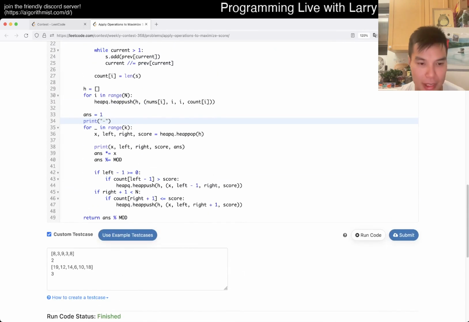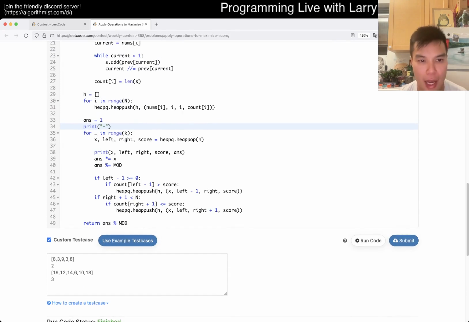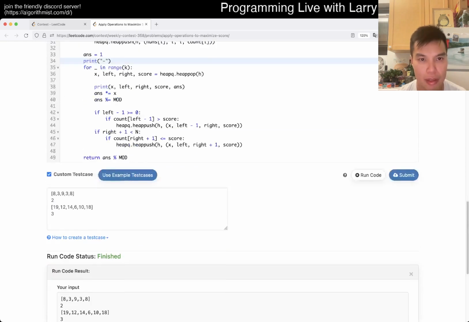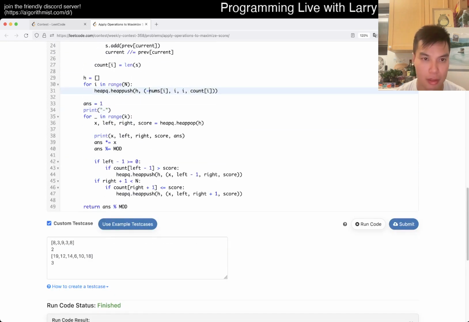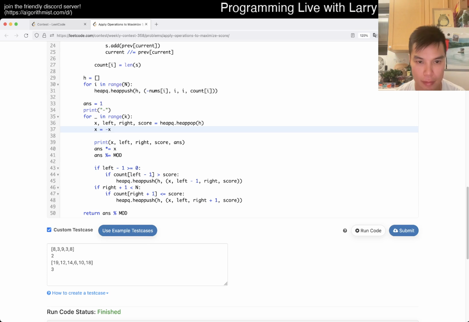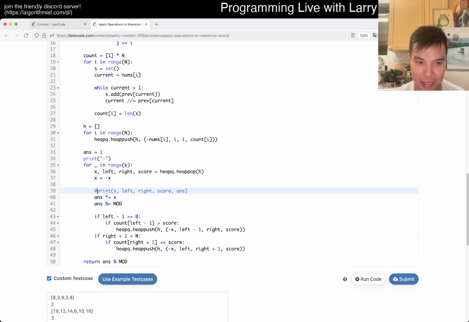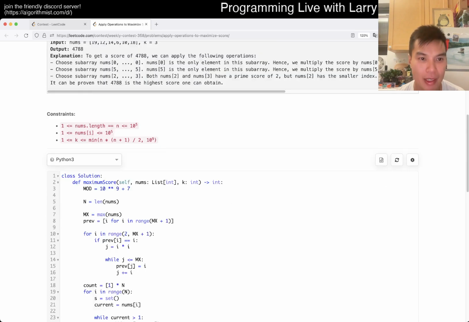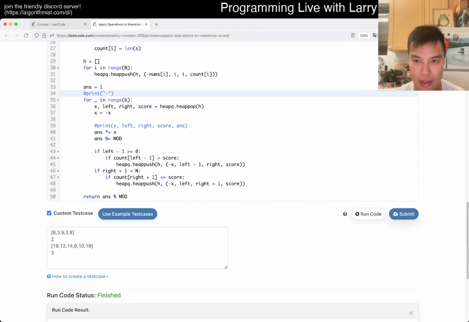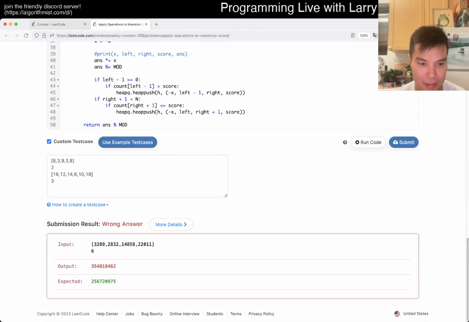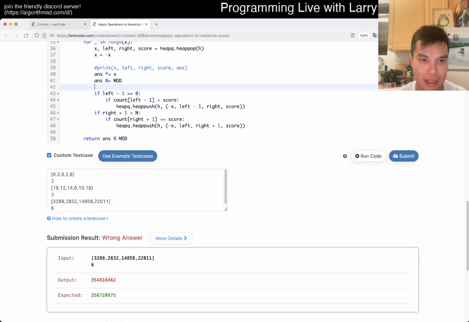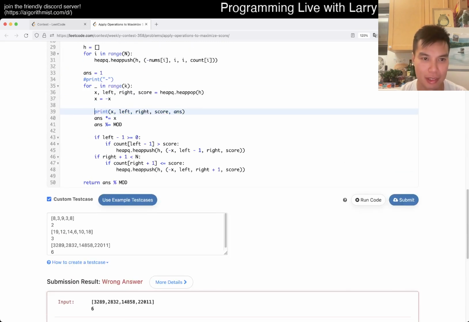Oh, it's a min heap, Larry. It's a min heap, Larry. I always forget. Sometimes I just think the heap will do exactly what I want it to do without remembering whether it's a min heap or max heap. Alright, let's see if this works. Oh no. Well, at least that's a fast no.